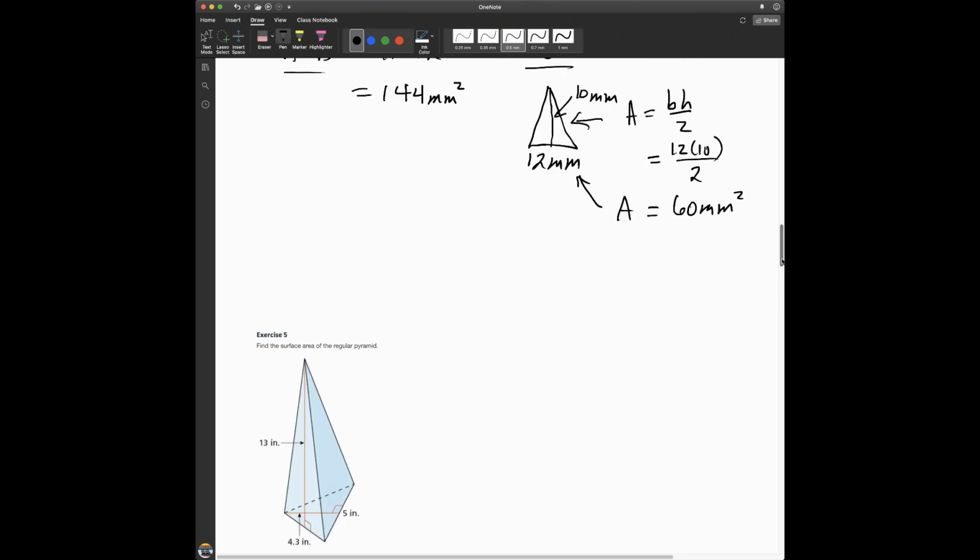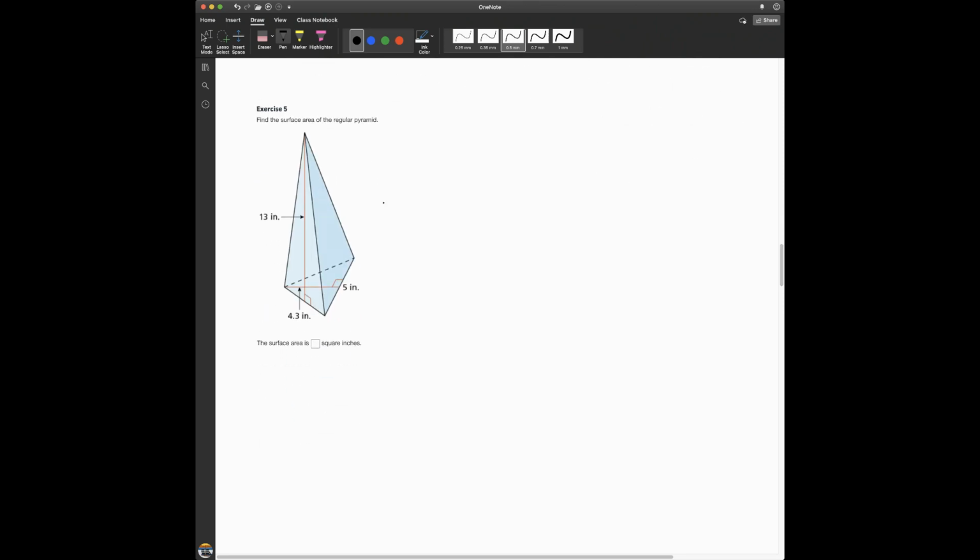All right. So moving on to number 5, surface area of this regular pyramid. Again, we're just going through the process of using the formulas that we've learned so far in this chapter. So let's find the area of the base, which, this is a triangular pyramid. So I need to find the area of that triangle.